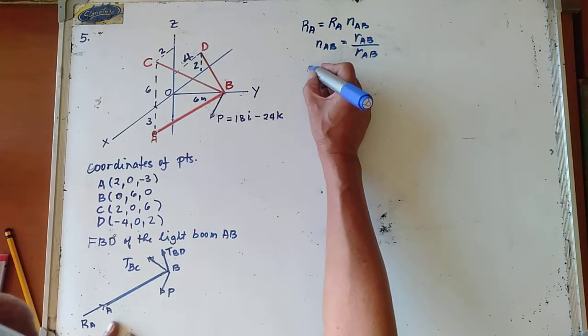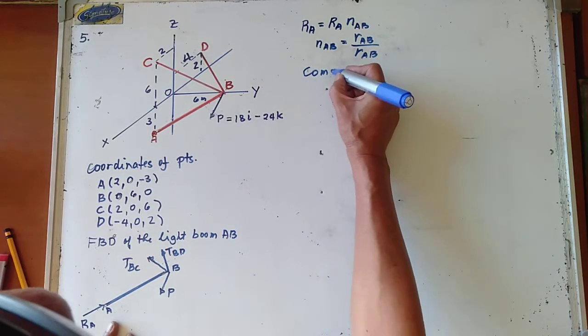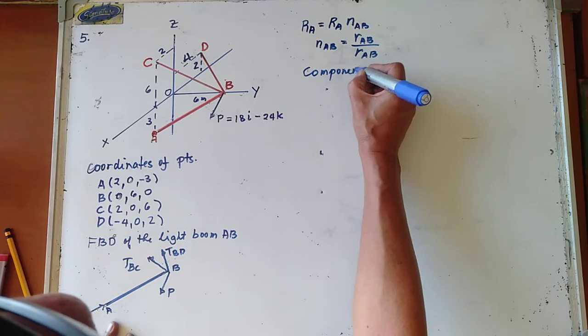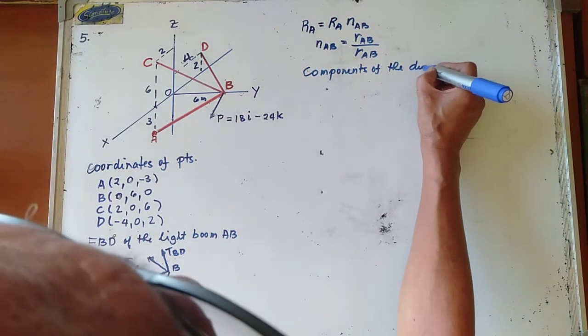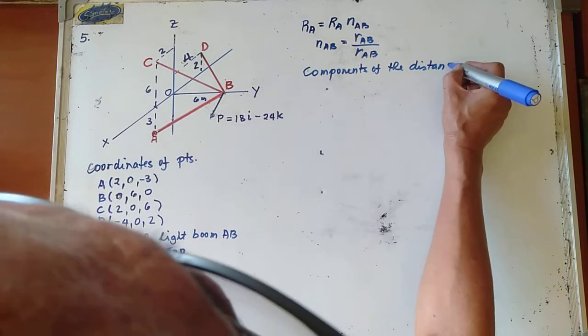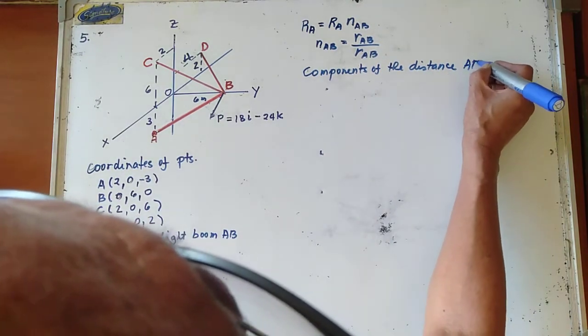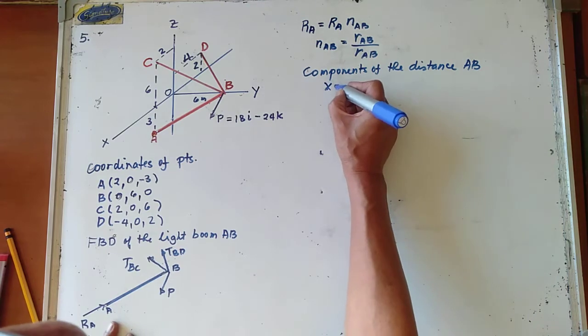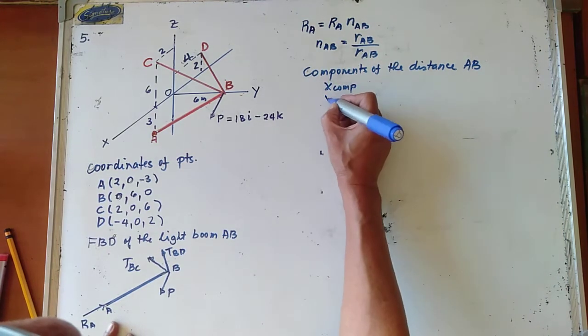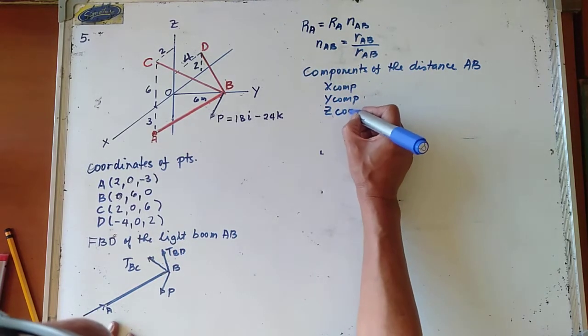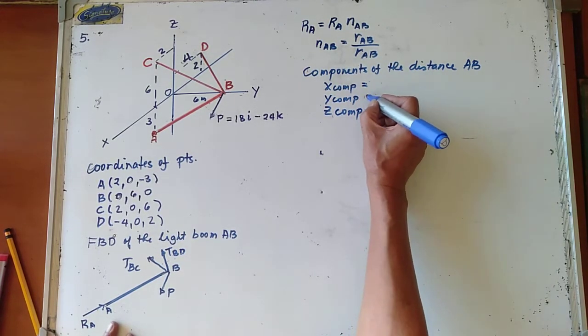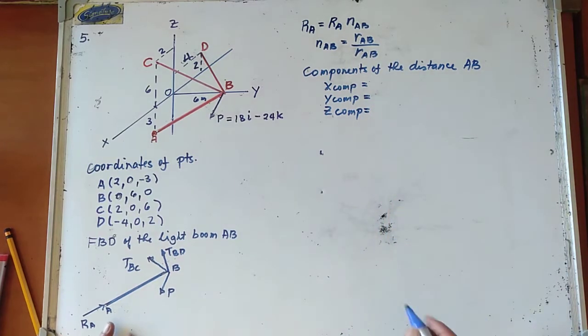So let us determine the components of the distance AB: x, y, and z.